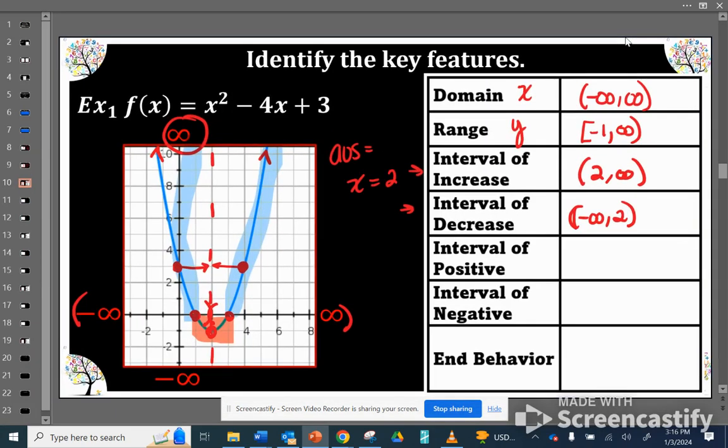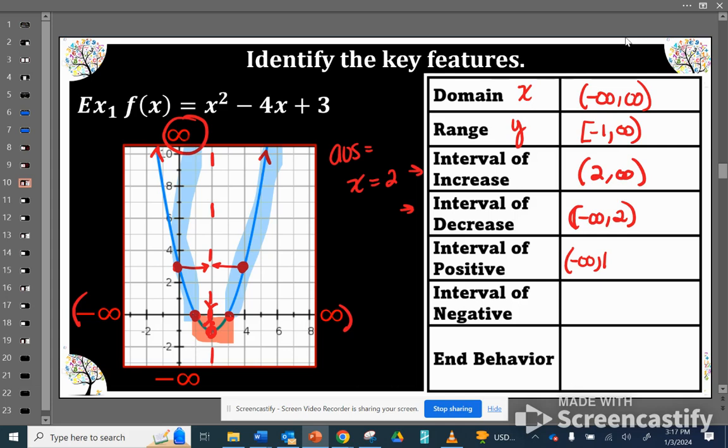Okay, let's go back and make this a bit bigger so you can see. The x values that make the graph have positive y values is from negative infinity up until the value of 1. This is (1, 0), so y is not positive, so I'm not going to use a bracket.